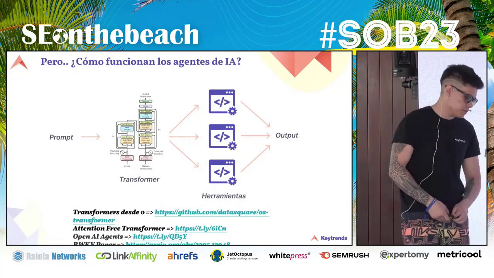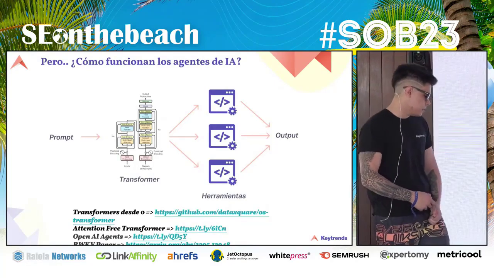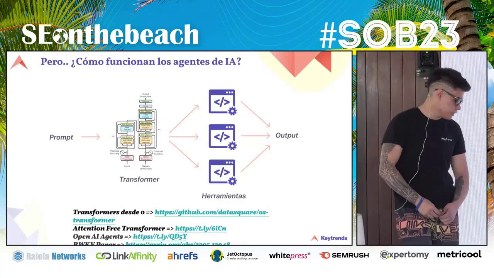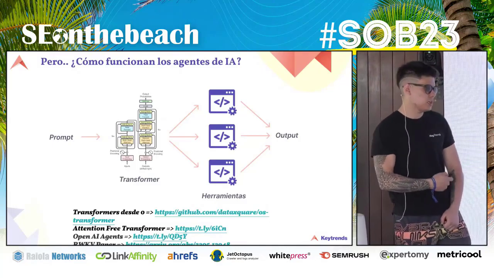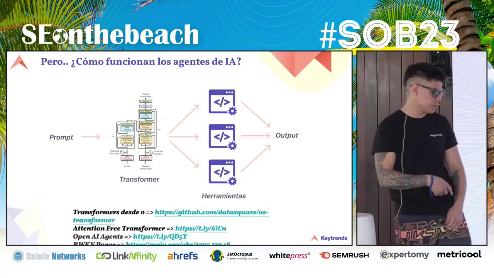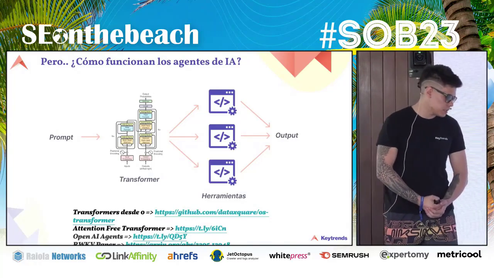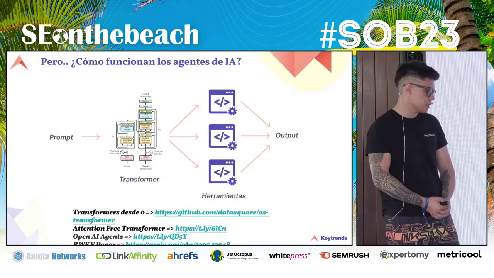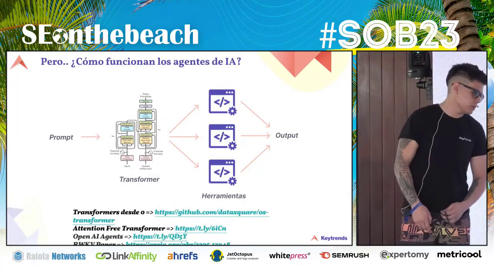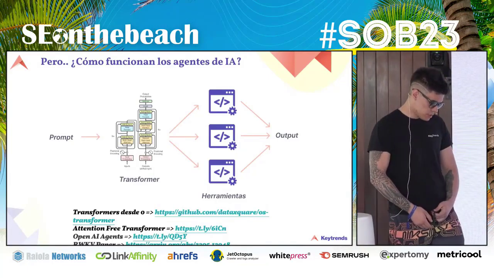So you can use transformers from zero, attention-free transformers, OpenAI agents. So one of these is by Apple, released last year, and that's Chat Attention, this platform. And it was possible to improve the system by getting computationally more results thanks to some recent developments.